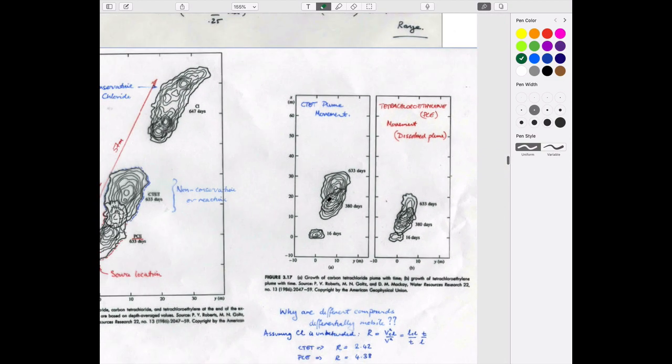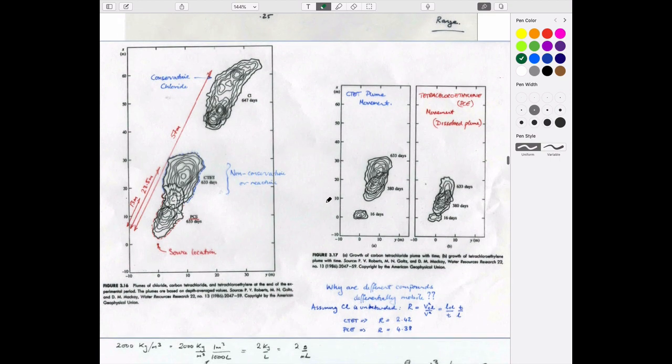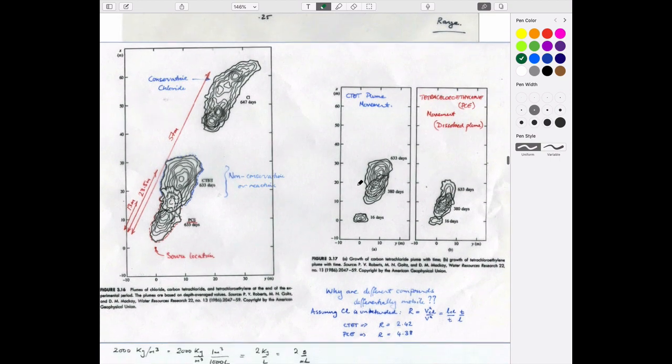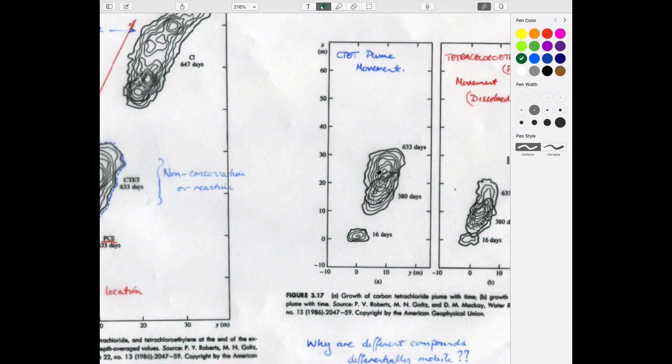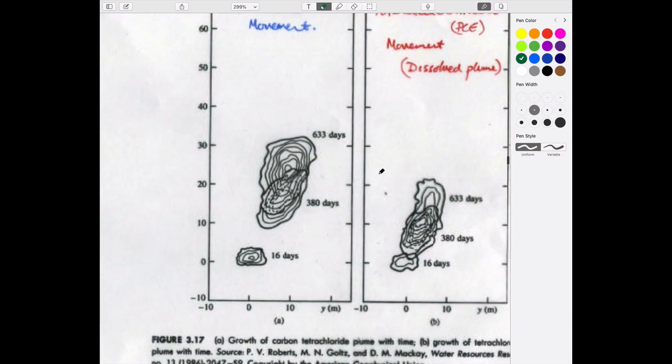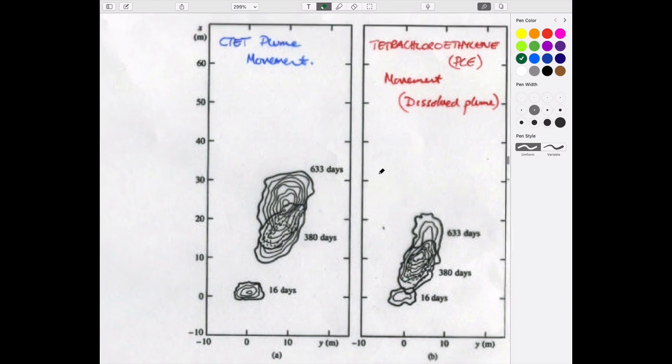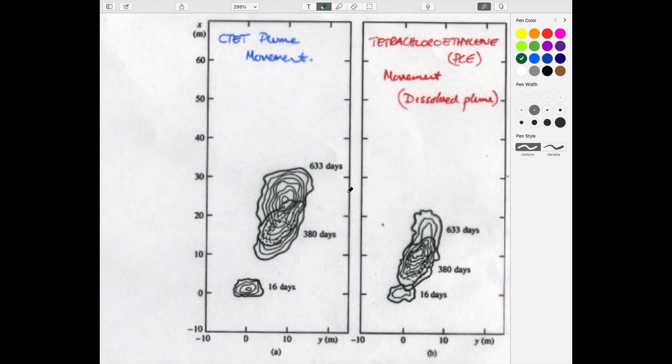So if you do the same experiment now with all those components included, so chloride, carbon tetrachloride, and also PCE, and you look at the plume after different stages, then for the case of carbon tetrachloride, this is where it is after 2 years, and for the case for PCE, this is where it is after 2 years. So clearly it's traveled less far as we'd expect.